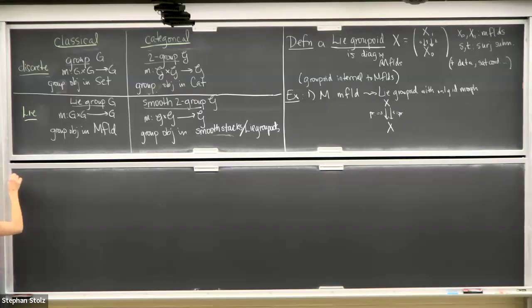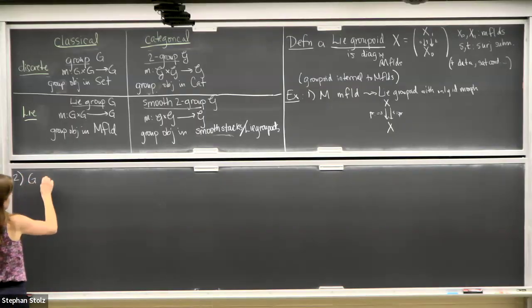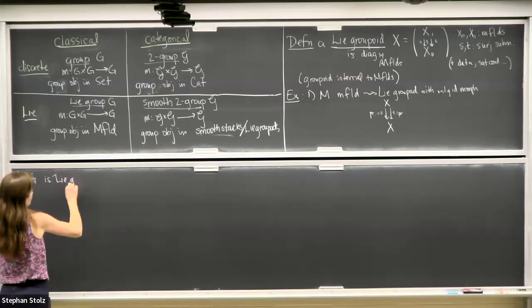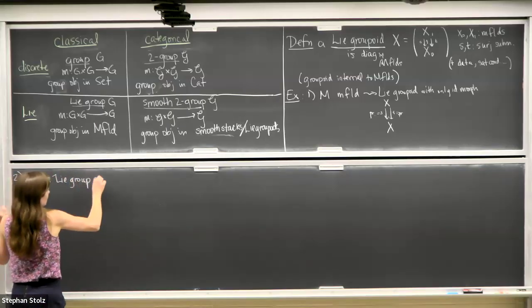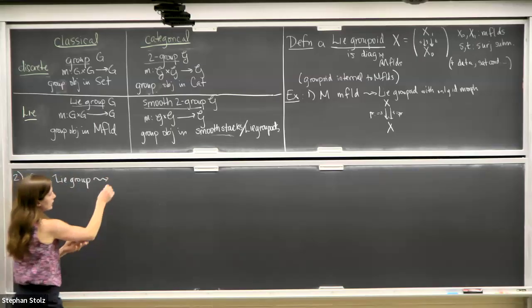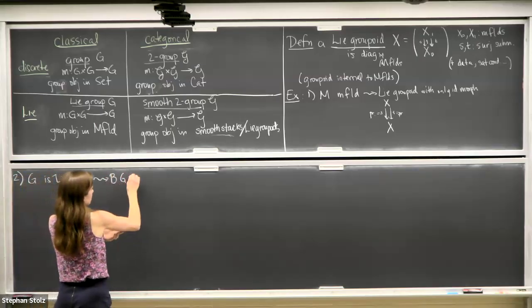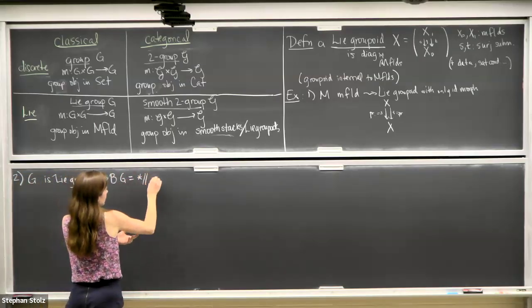Example 2: if you have a Lie group G, we form what we'll call the classifying space of the Lie group, BG.